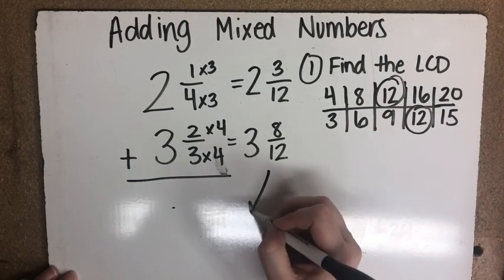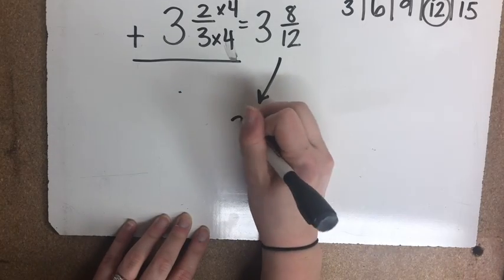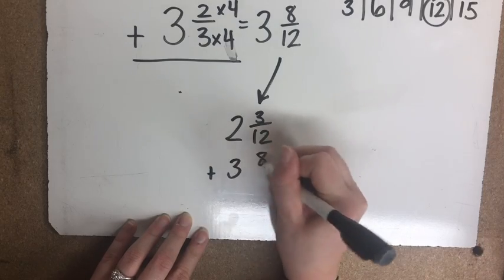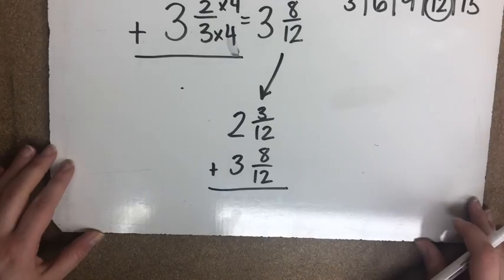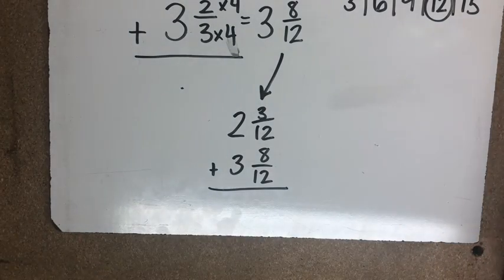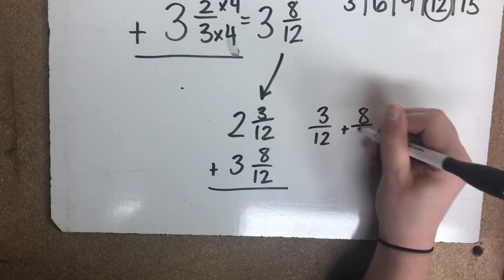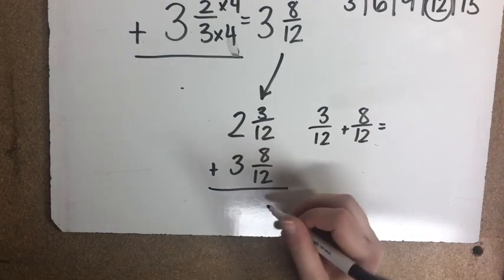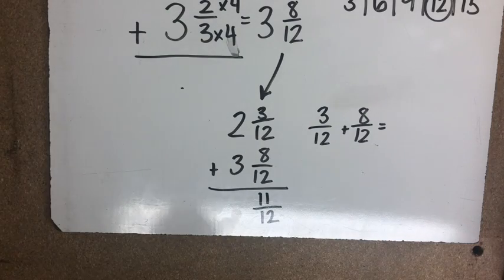I'm going to rewrite this down below so it's not as crammed and I have some more space. So I have 2 3/12 plus 3 8/12. And I need to solve. The first step would be to add your fractions. So just like if they were written horizontally, you just add the numerators together. 3 plus 8 is 11, and you keep the denominator of 12.